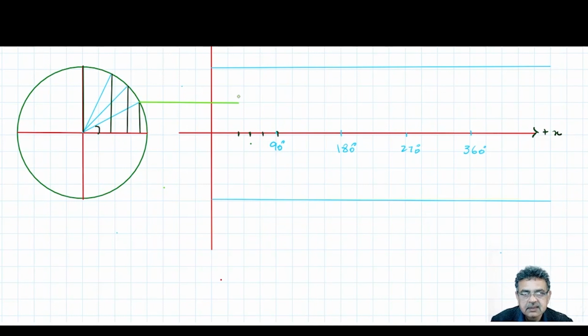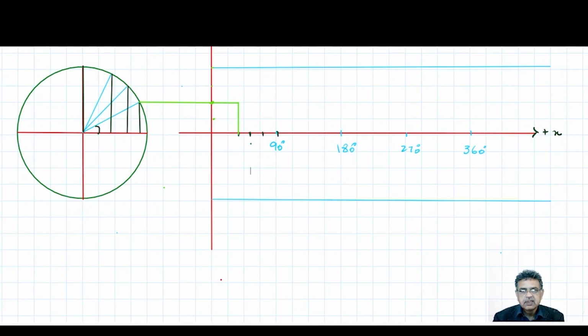If this distance from here is 1, 2, 3, and 4, then for 30 degrees, it is coming here exactly half of that. And I have marked here 30 degrees. So this is the point of intersection of these two lines.